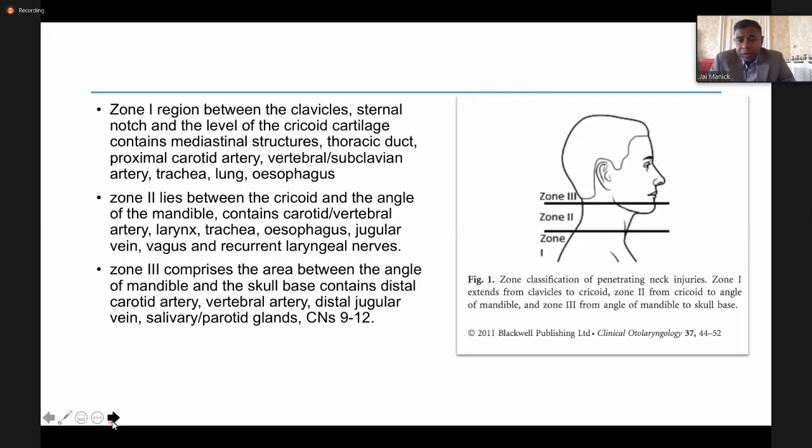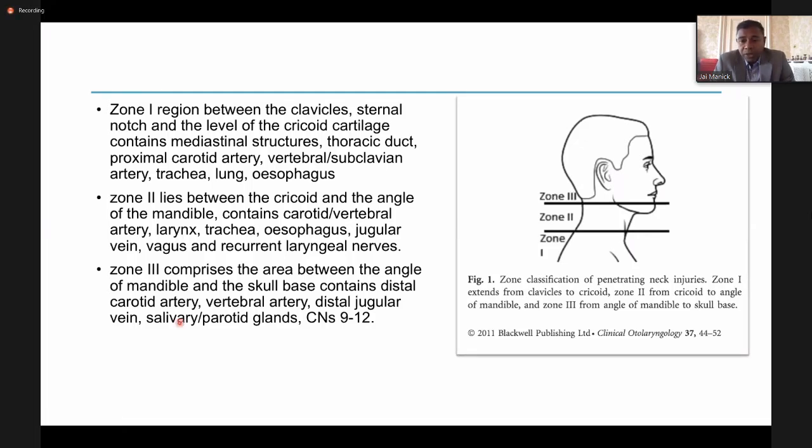Coming to the anatomy of the neck, we have 3 distinct zones. It's worth remembering this because when you describe neck trauma, it's important to know where the trauma is. Zone 1 is the lower part of the neck, as a rough rule between the clavicles, below the cricoid.